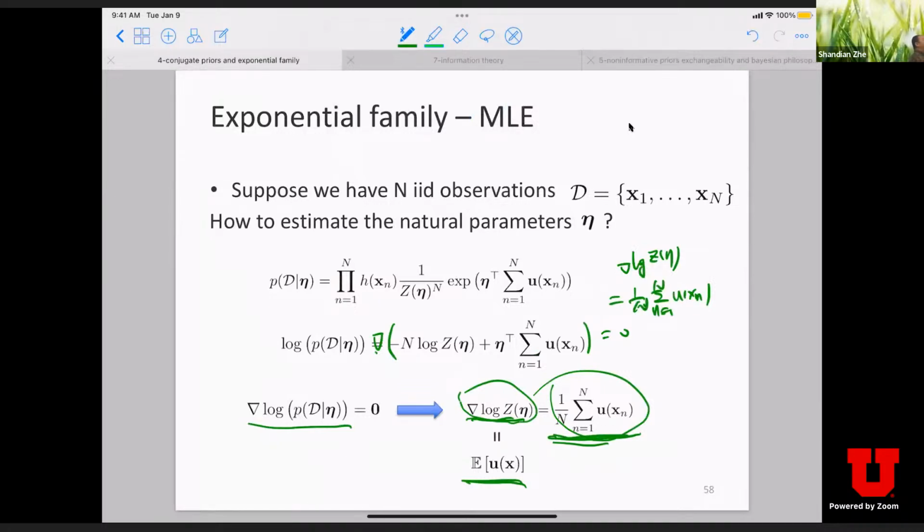This is the same as what we commonly use to estimate distribution parameters. But now we generalize to the exponential family. In the exponential family, how do we get the MLE estimation? We just set the mean of the sufficient statistics to be the empirical estimate of this mean from data.